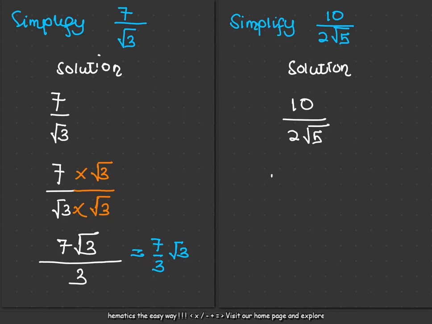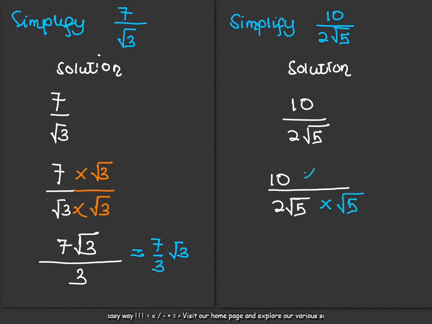So we can multiply both the numerator and the denominator by the conjugate of root 5, so that is root 5 times root 5.